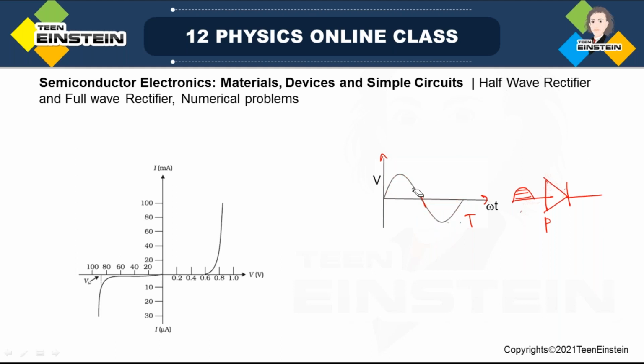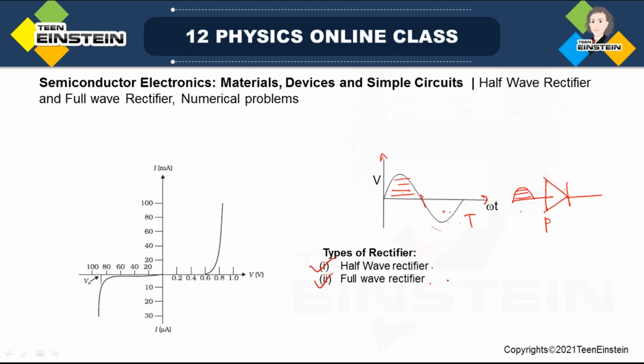And there are two types of rectifier circuits. One is the half wave rectifier, that means only half of the alternating signal will be rectified, in the sense converted to DC, and the full wave rectifier, when both cycles can be converted into DC signal.